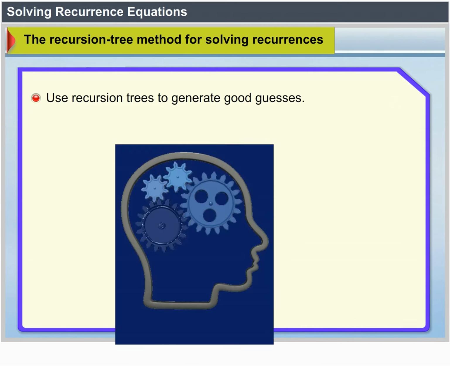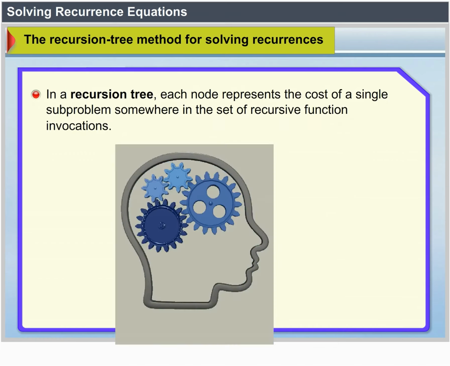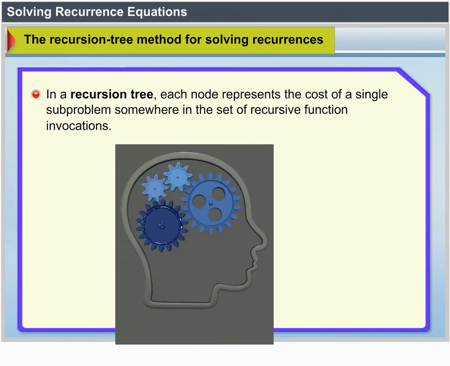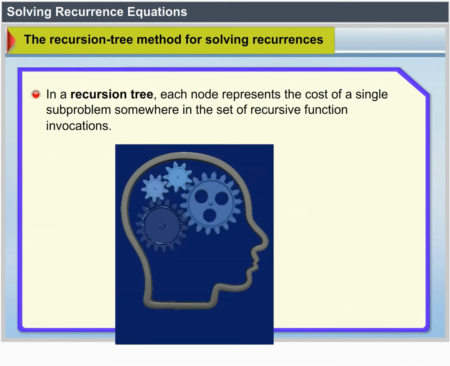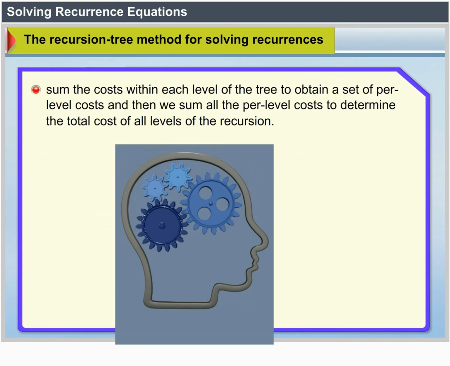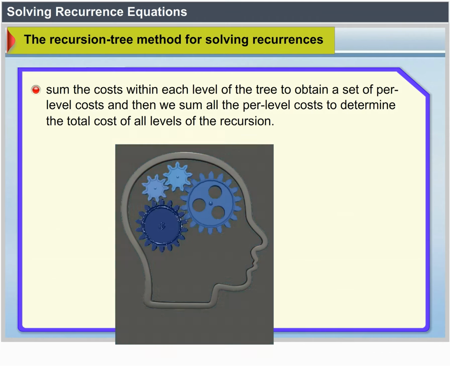In a recursion tree, each node represents the cost of a single subproblem somewhere in the set of recursive function invocations. Sum the costs within each level of the tree to obtain a set of per-level costs, and then sum all the per-level costs to determine the total cost of all levels of the recursion.